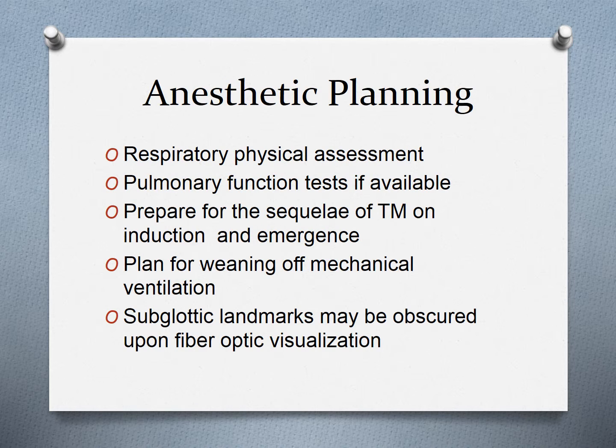So how do you prepare to do the anesthetic for a patient with tracheomalacia, whether it be a thoracic case or a non-thoracic case? Well, a detailed respiratory physical assessment. You want to observe pulmonary function tests if available. You want to prepare for the sequelae of tracheomalacia on induction and emergence, that being the airway closure. Plan for weaning off of mechanical ventilation.